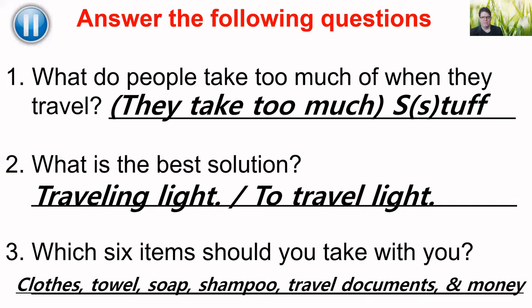Soap, shampoo, travel documents, and money. If you don't bring anything else, these are the 6 items you should bring. Okay, I'll leave this up for about 30 seconds if anybody needs to make notes or copy.